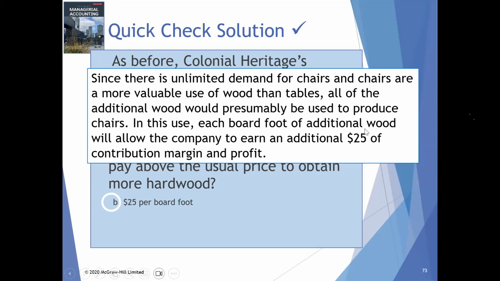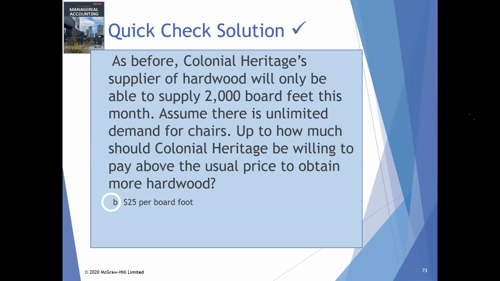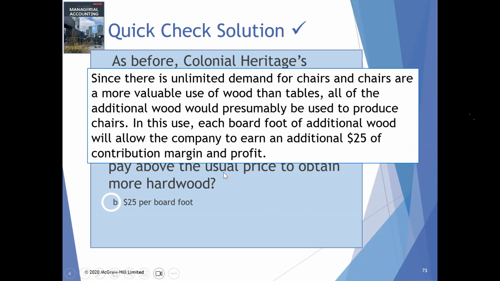In this use, each board foot of additional wood will allow the company to earn an additional $25 of contribution margin and profit. So this is the amount the company will be willing to pay above the usual price to obtain more wood. This will be the maximum.